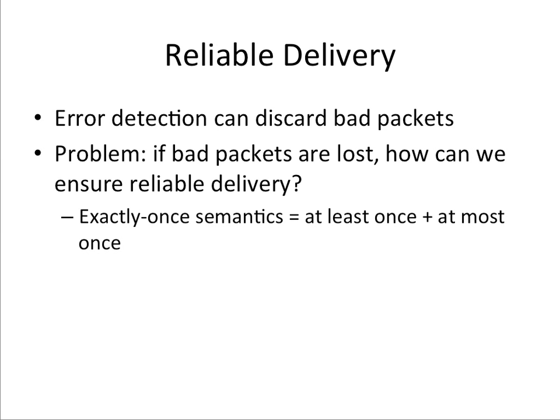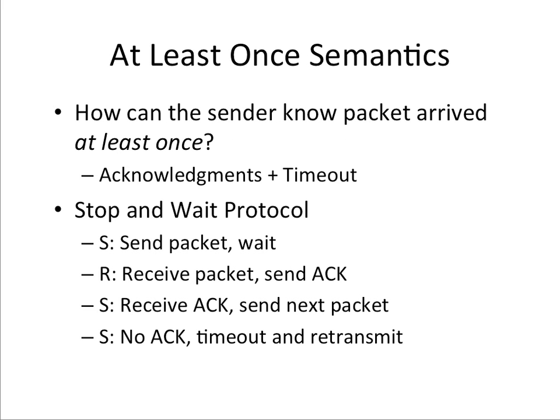All right. So how does the sender know that the packet arrived at least once? Because our goal is to make sure that the packets get to the receiver, reliably at least once.